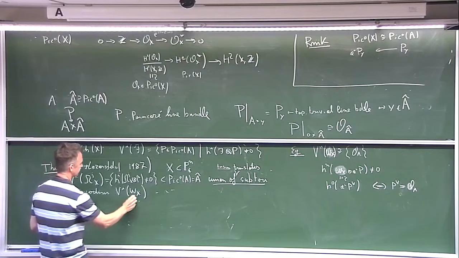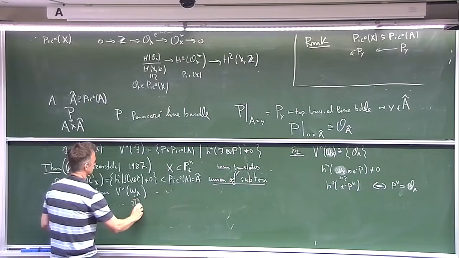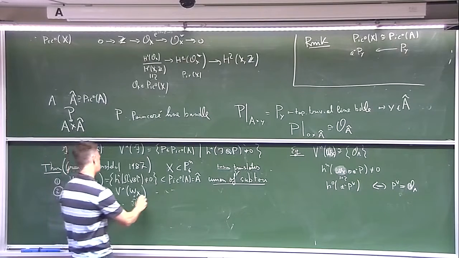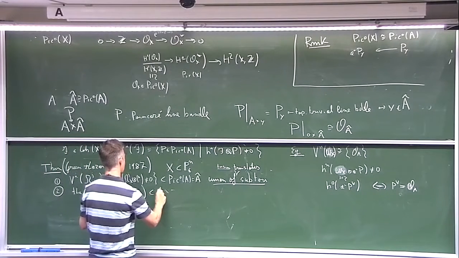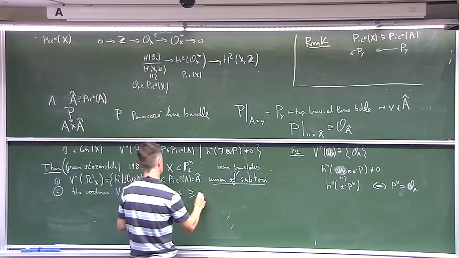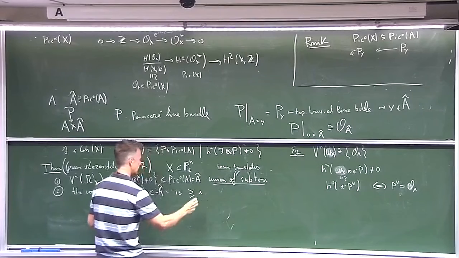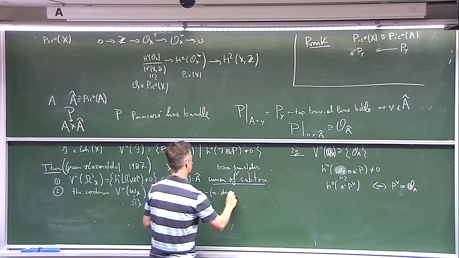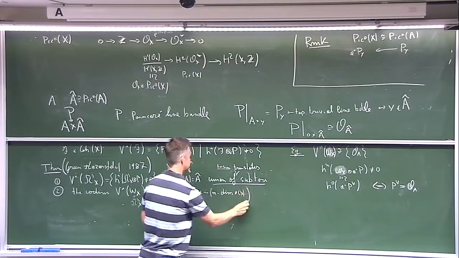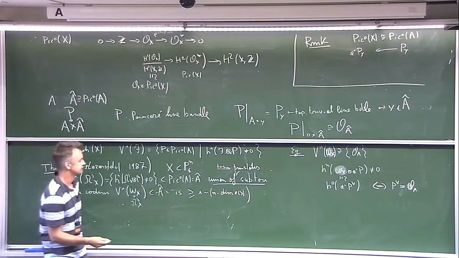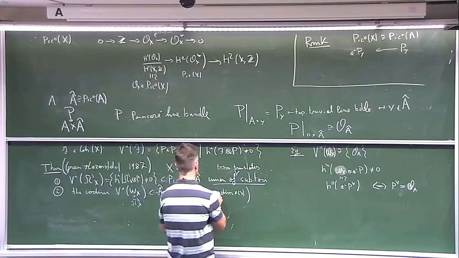So if you want, you can think of this as omega^n of X, where n is the dimension. Then the codimension, of course, inside of A hat is at least n minus the dimension of the Albanese image of X. Hopefully I got that right. Okay, maybe I'll just call that dimension of X.